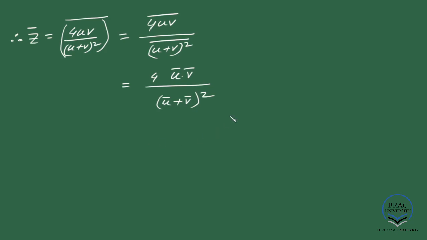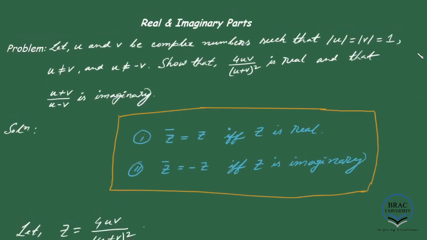Now at this point, I don't know what the conjugate of u and the conjugate of v are. Let's go back to the problem and see if we have any information about them.